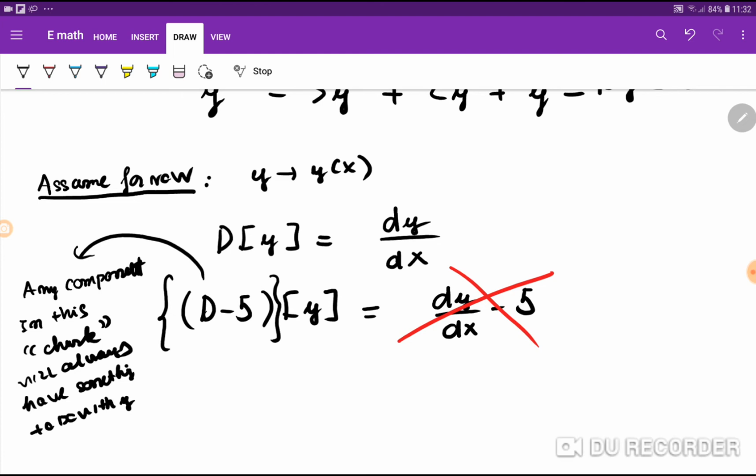So what does it mean? You put y into the machine called D minus 5, right? And what is the machine going to do? The first thing it does is take the derivative of y, and after that it subtracts 5 times y. It means the machine will take the derivative of y and then minus 5.